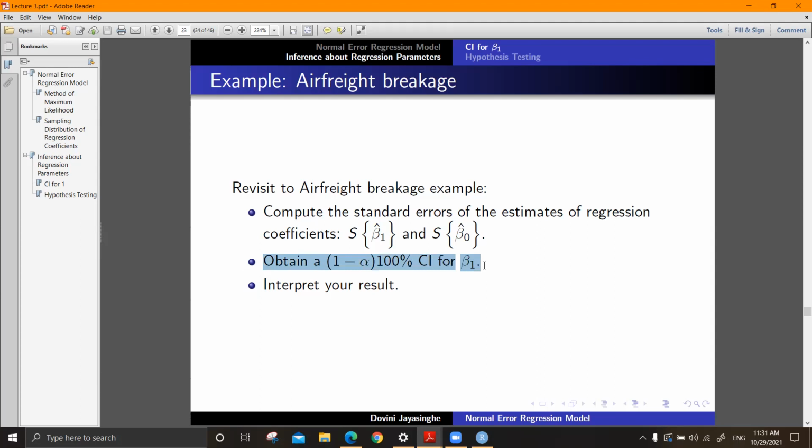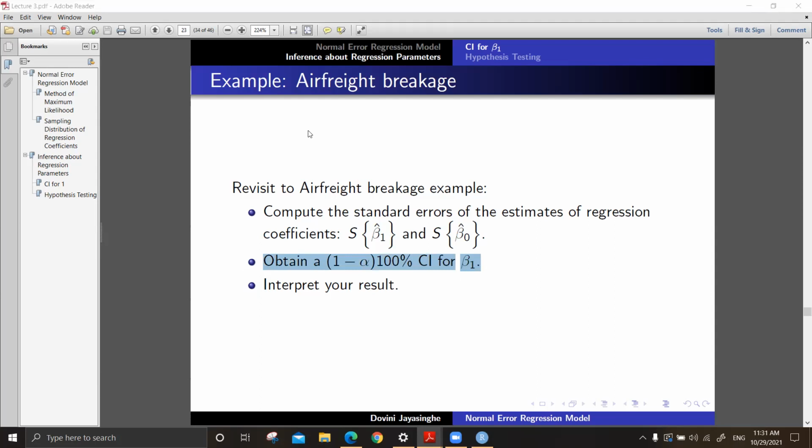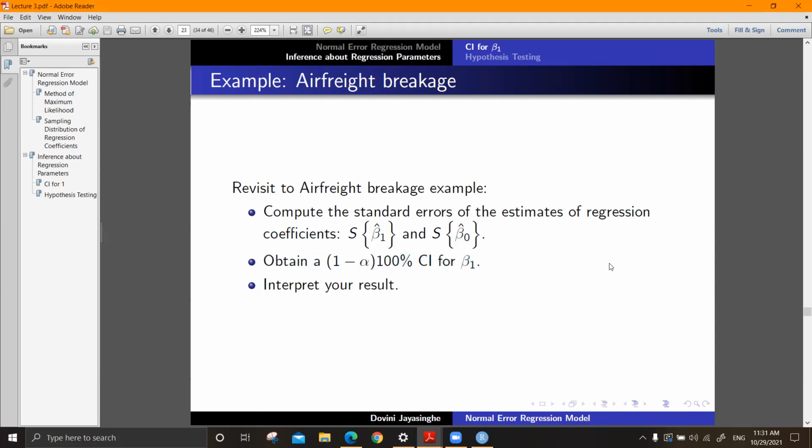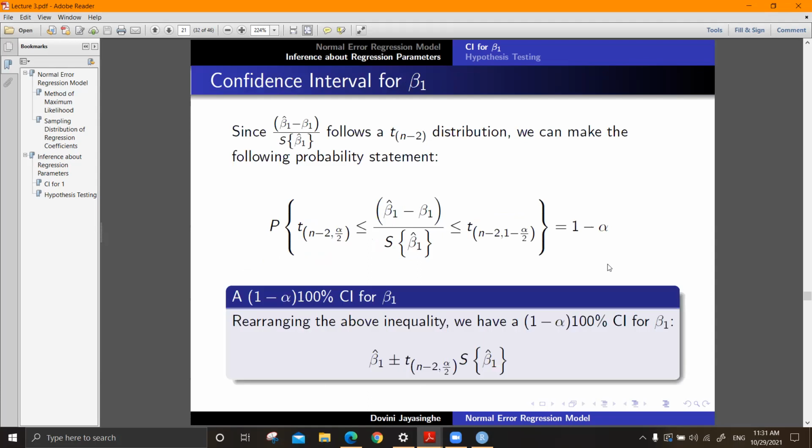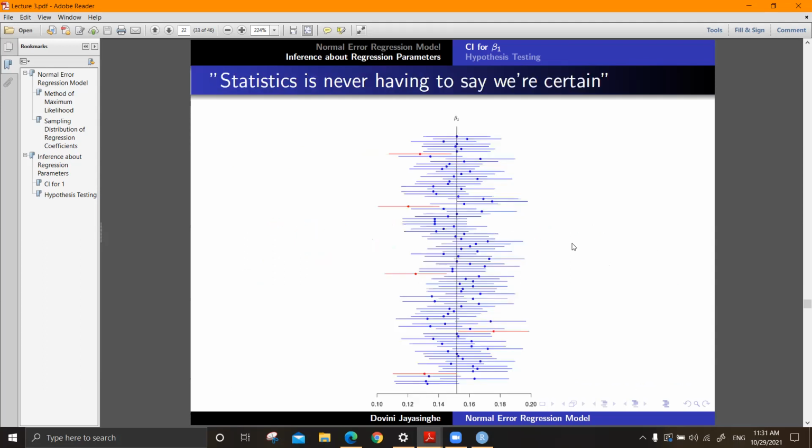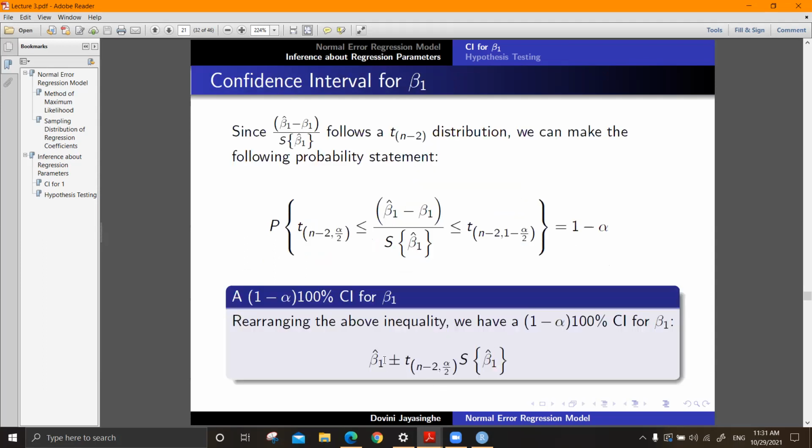So try to obtain a confidence interval here. I'll show you the formula for that. The confidence interval for beta 1 is basically this one. So you know this quantity. You know this quantity. You have to find this out. So just write this down first.